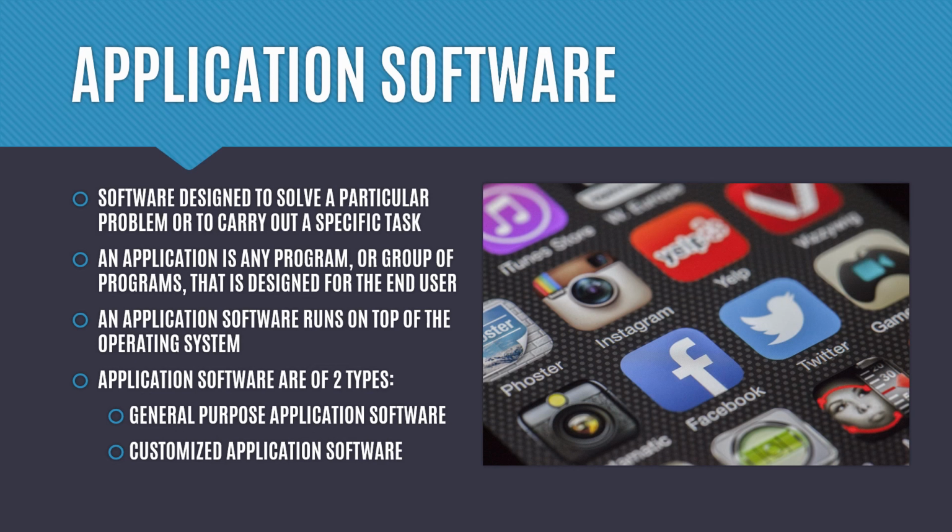Let's say you have a library, you need a custom software. Once again, you will approach a programmer, the person who makes the program, and he or she will design a program for your library which will help you to manage your library efficiently. So customized application software are tailor-made software. They are different for specific use or business or organization.